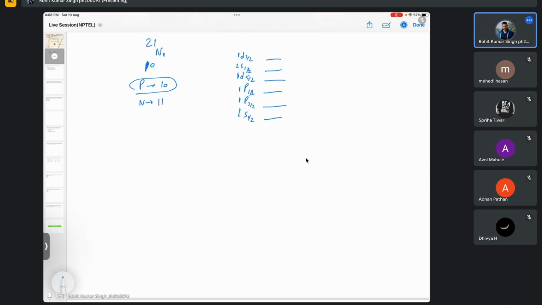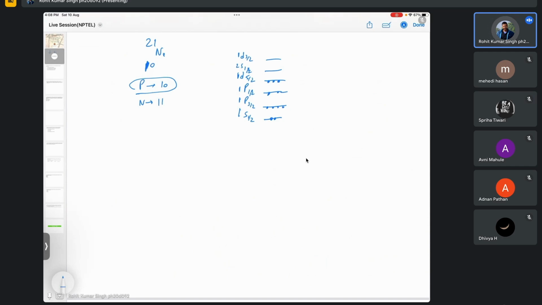Let's fill these states with the neutrons. So 2 will go here, then 4 will go here, so we have 6. Then 2 will go here, 8, and then the remaining 3 will go here.